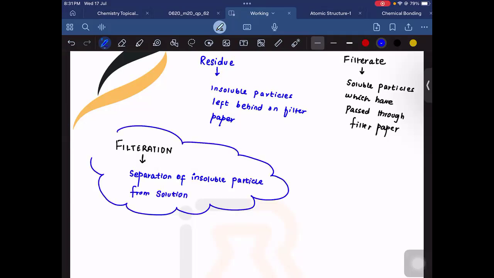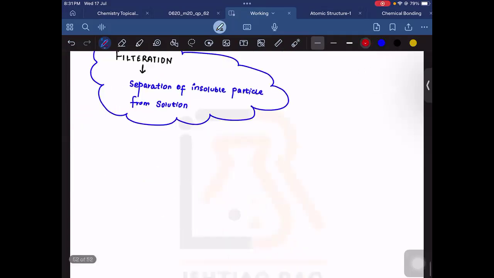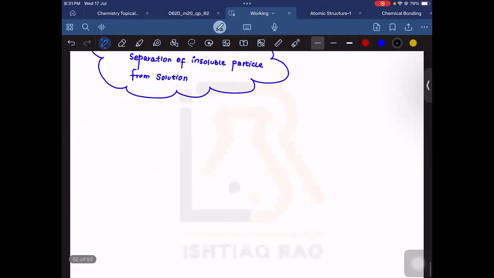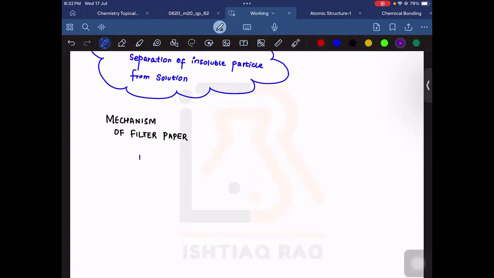This is all about filtration. Okay. How does the filter paper work? The mechanism of filter paper. Like the 41 filter paper, this is a special type of filter paper, which is very fine, which does very fine filtration.